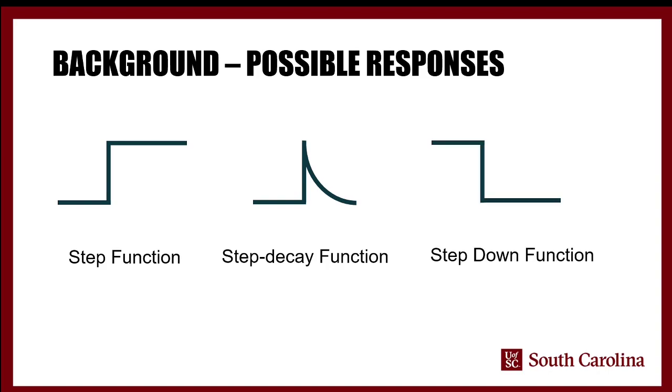And the last thing that can happen is you can generate a step down function. There are times where you don't want to catalyze a reaction, you want to observe a blocking mechanism.